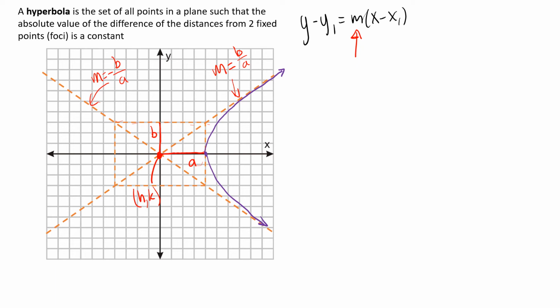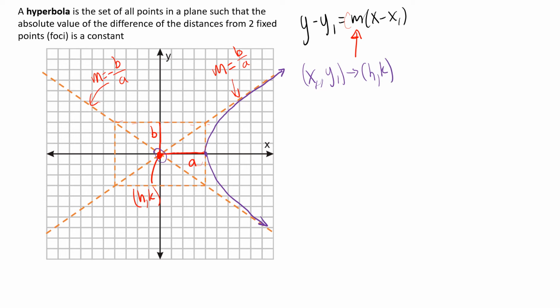And then if we want to write one equation that describes both asymptotes, with a plus or minus for our slope, we need a point that they have in common, and it's very convenient that these always cross at the center of the hyperbola. So in this case, x1, y1 is just hk. That's the point that both of these lines will share.